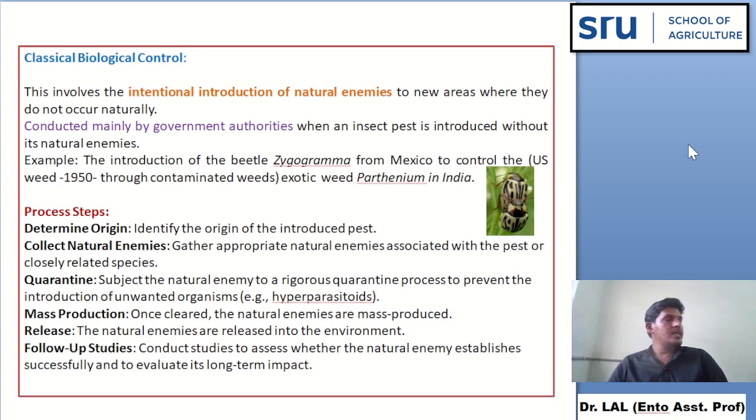and these collected natural enemies were subjected to rigorous quarantine processes to prevent the unwanted introduction of organisms, that is, hyperparasitoids. After the rigorous quarantine process, these natural enemies are mass produced.